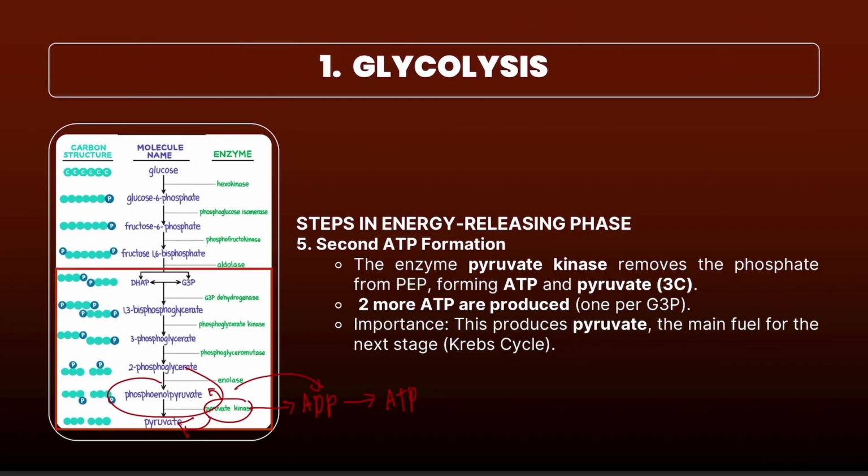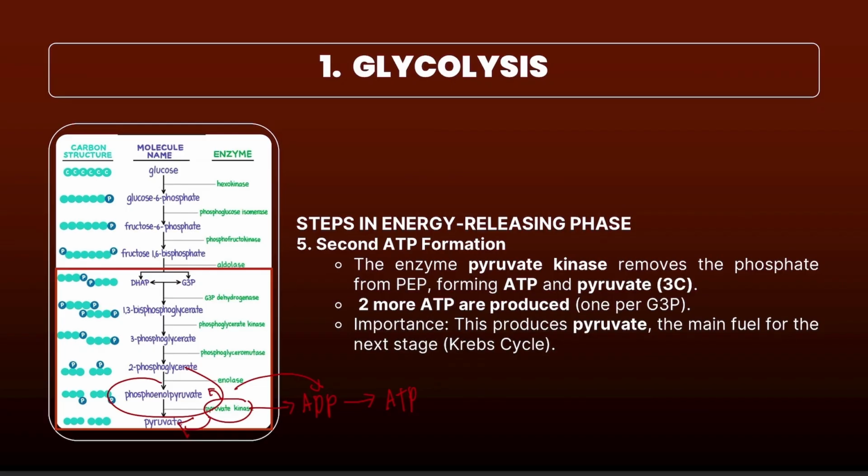Since this happens, the phosphate is donated to ADP and it forms ATP. It is also called substrate level phosphorylation again. Okay, so when we say substrate level phosphorylation, it means that the ATP is made directly from a molecule, not from the electron transport chain.